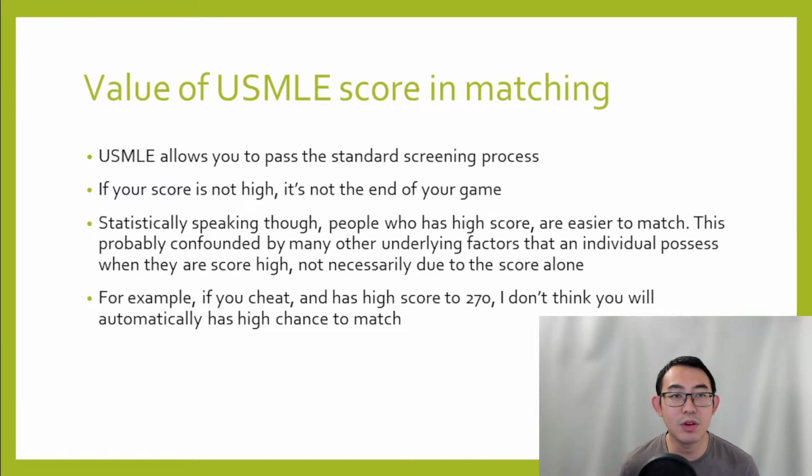Now, what is the value of the USMLE score in matching? So basically, the USMLE score is used as a standard screening process, right? There are programs that have a cutoff of USMLE score at least 240 to apply, or 220 to apply. So if you have a lower score, let's say you got 220 or 230 on USMLE Step 2 CK, then you lose the chance to apply to some of these programs, you see?